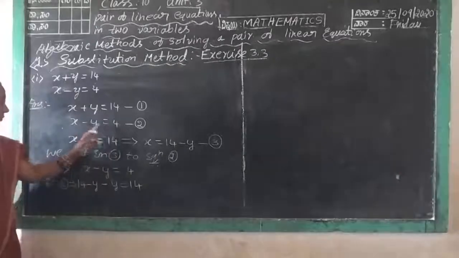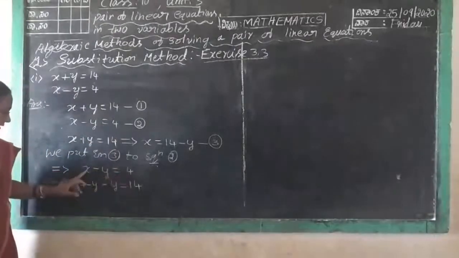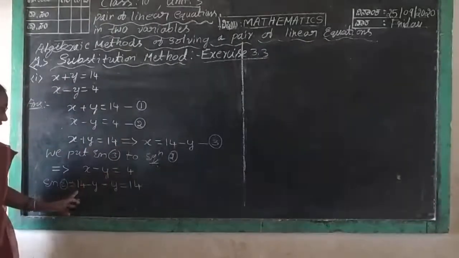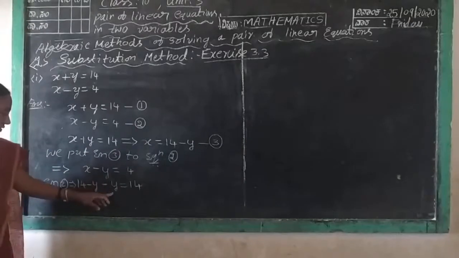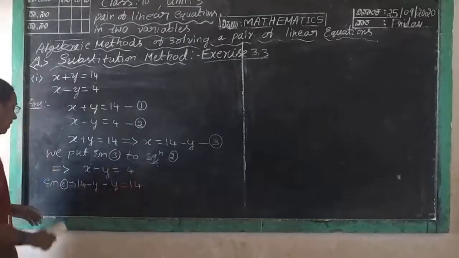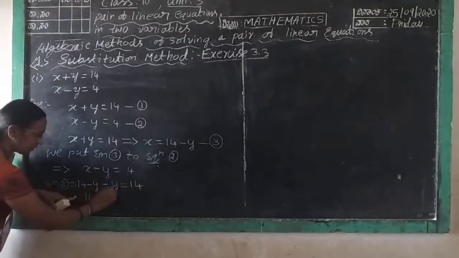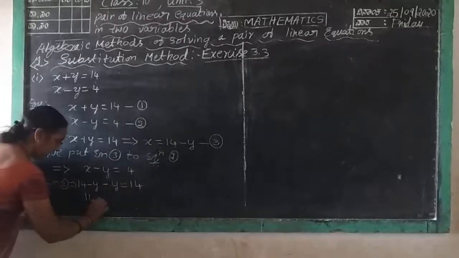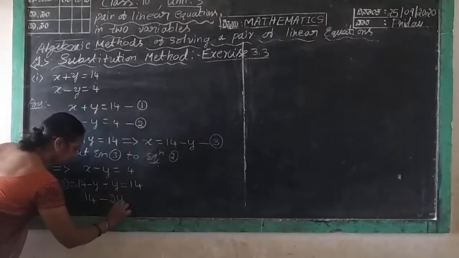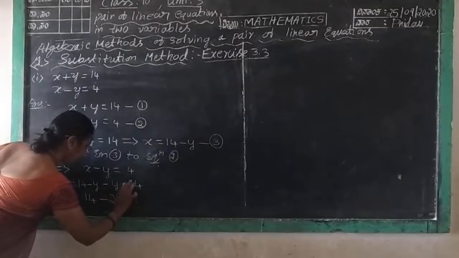Then the x value is 14 minus y, so 14 minus y minus y, minus 5y we will add, we will get minus 2y is equal to 4.